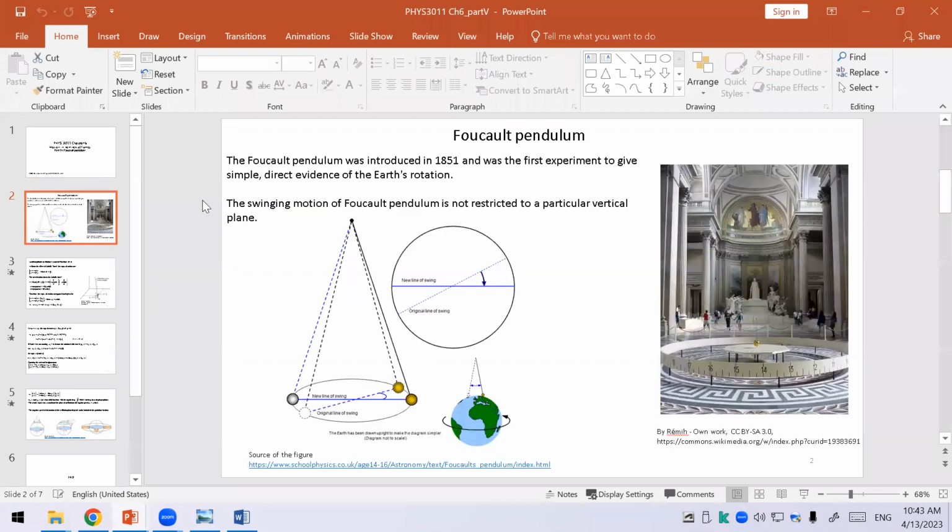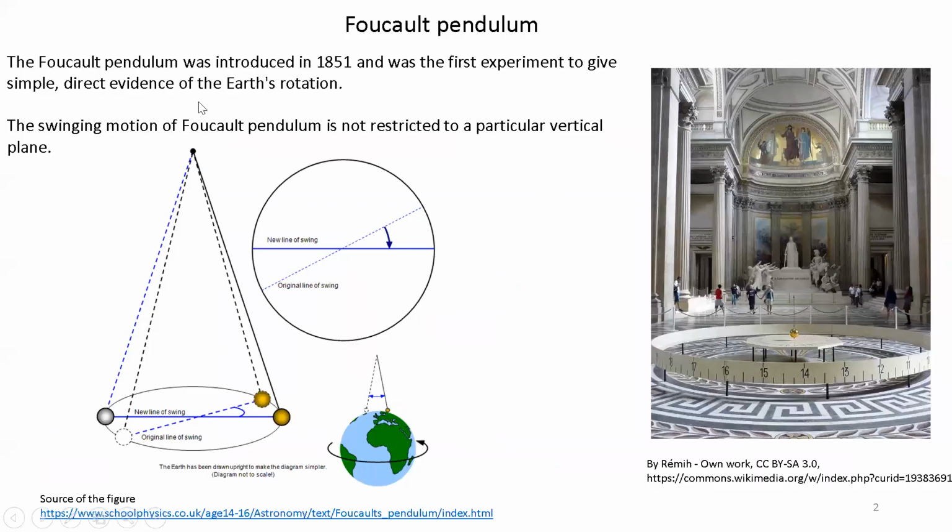Historically, what we're considering is a very famous experiment, known as the Foucault pendulum. This is an experiment done in the 19th century, and it gives simple direct evidence that the Earth is rotating.